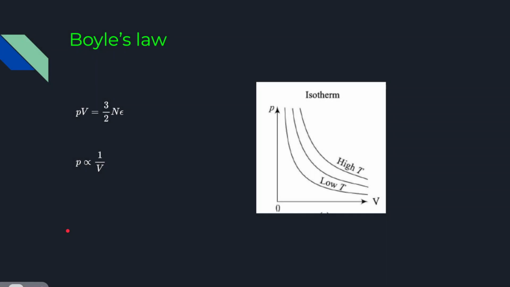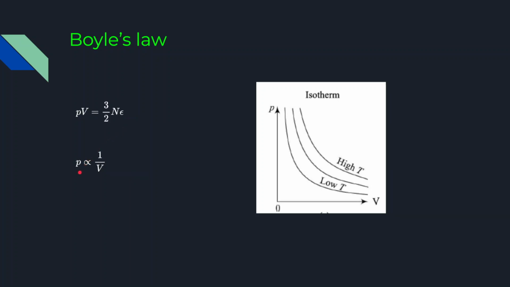Now let's go to some important gas laws. The first one is Boyle's law. PV is equal to 3 by 2 N epsilon, and we know this term is constant for an isothermal system. An isothermal system means the temperature is constant.